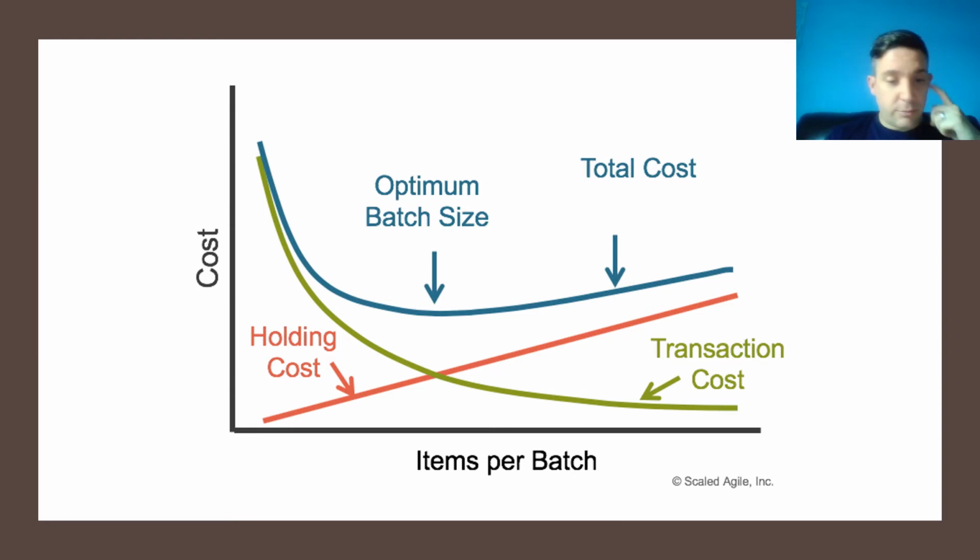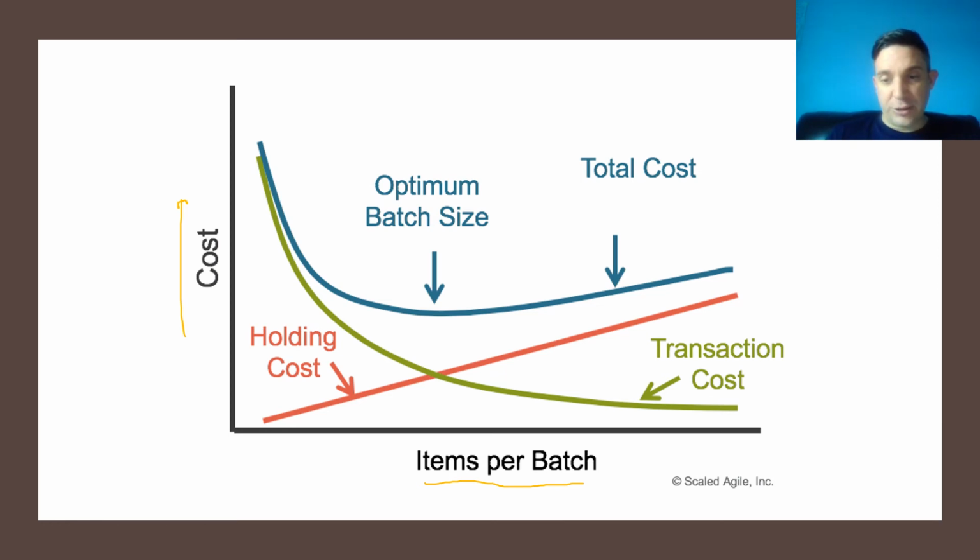So here's a little chart which you'll see all across the internet. So down across the x-axis here, we've got items per batch. Up the vertical axis here, we've got cost. So we can see here the holding cost. So the more items we produce, the more it costs us to keep hold of these parts.